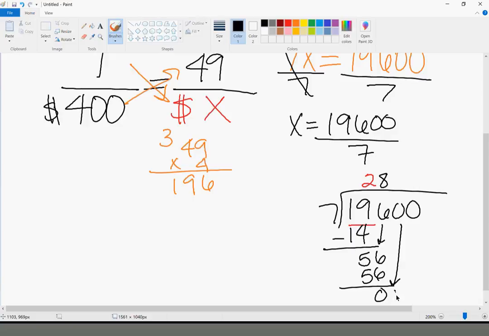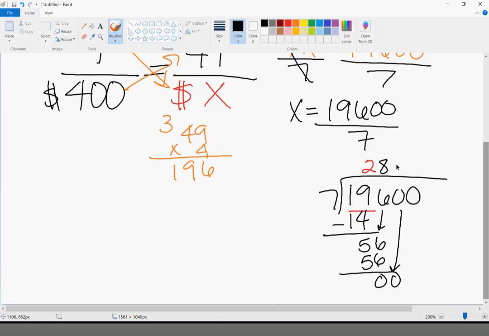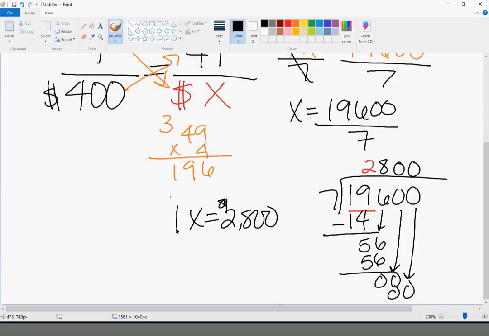Subtract, that's 0. We want to keep going until we get to the end of this number. So 7 goes into 0, 0 times 7 is 0. Then we have one more 0. So our answer is going to be $2,800.